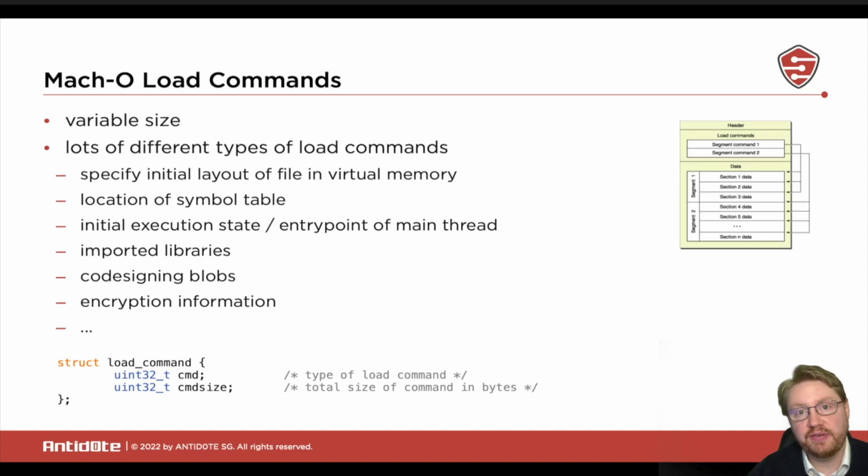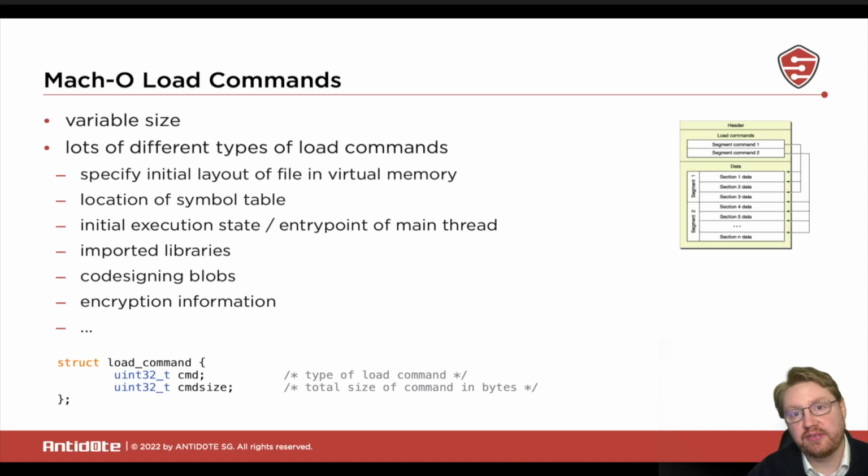They also specify where in the file the symbol table is, if there is one, or where the main thread and the entry point are, where potential executions happen inside the file.